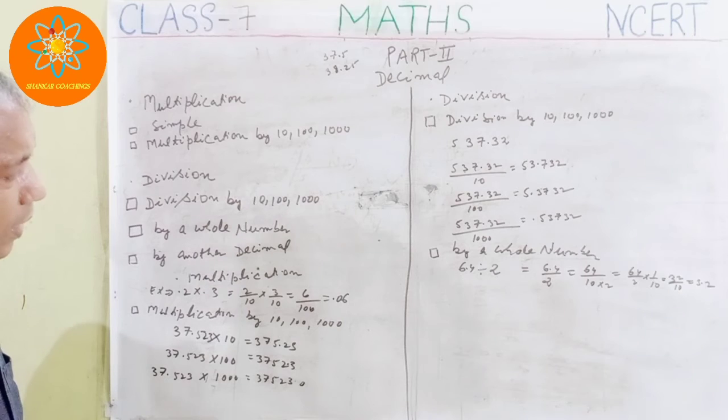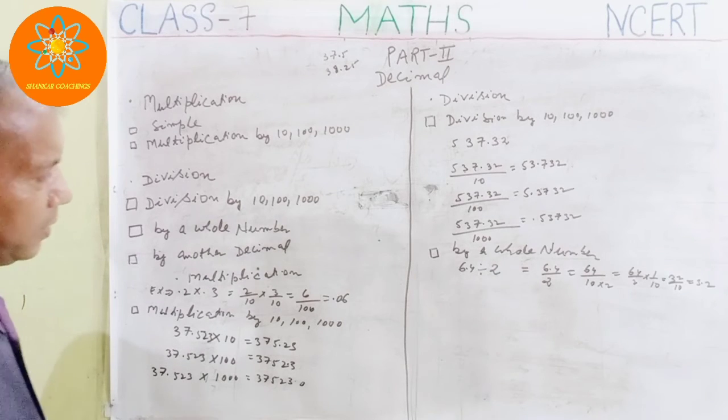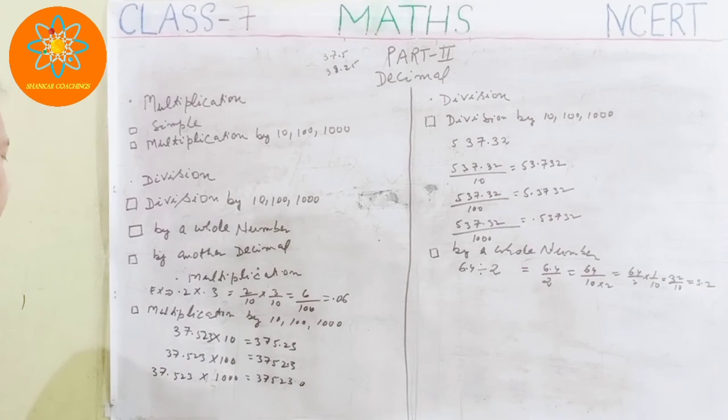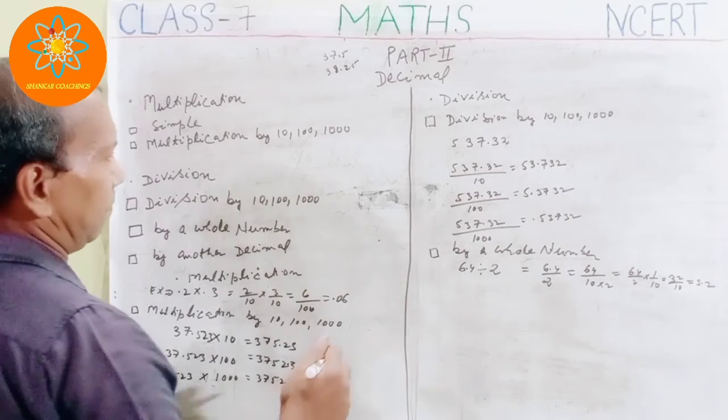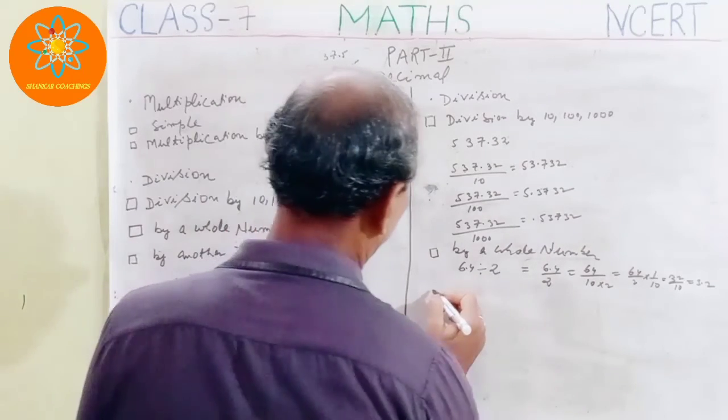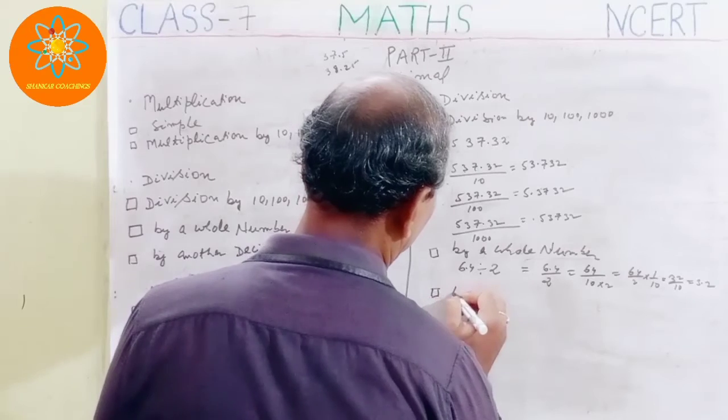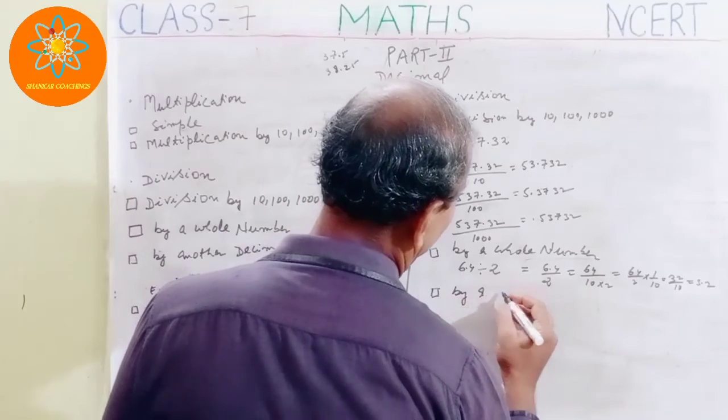So when you divide any decimal number by a whole number, you get this type of result. Now the last division is what? By another decimal number.